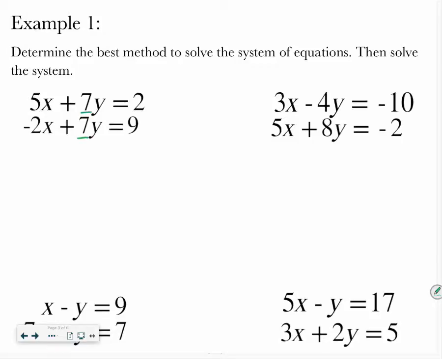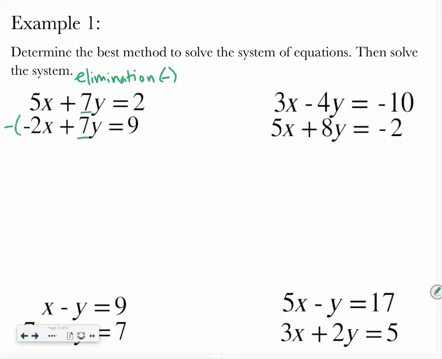So they are the same coefficient with the same sign. So that means we can use elimination by subtracting. Oops, that should not be a minus 1. That should just be a minus sign. So I'm going to use subtraction elimination in order to solve this.